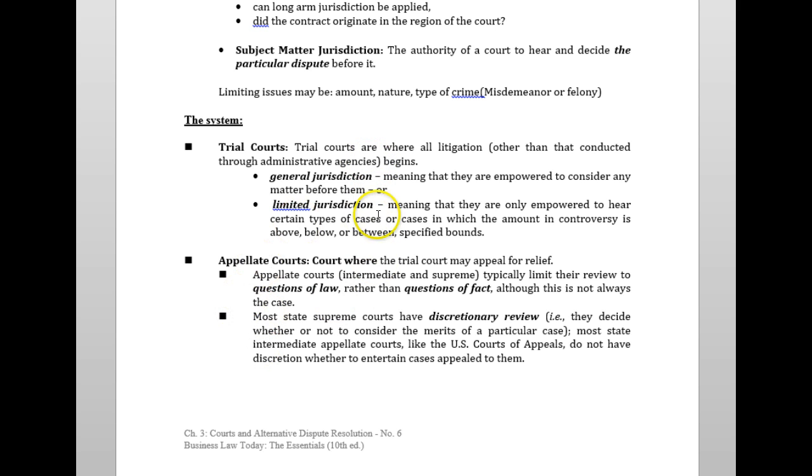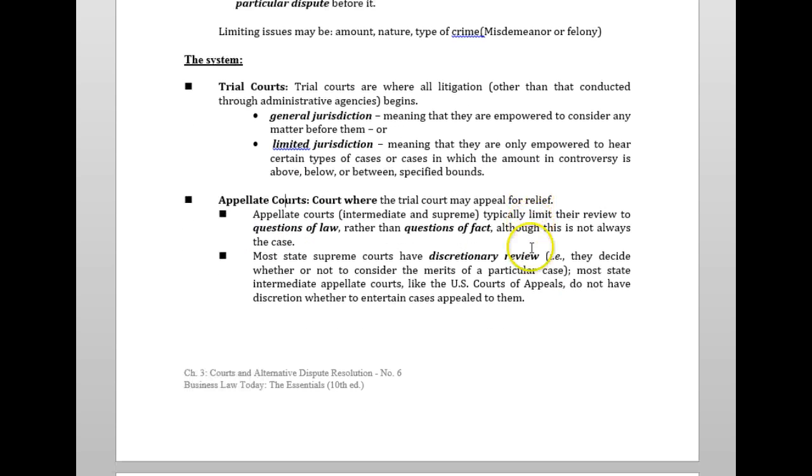Then, if the verdict from the trial court is not what was wanted by the plaintiff or the defendant, they could appeal. Either can appeal. And that would go to the appellate court system.